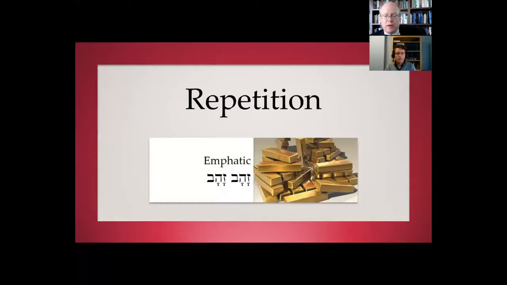Repetition can also indicate an emphatic idea. We don't do this in English very often. We wouldn't say anything like gold, gold, like there is here. But gold, gold in Hebrew would be something like it's really gold, or a highlighting of the nature of the item.